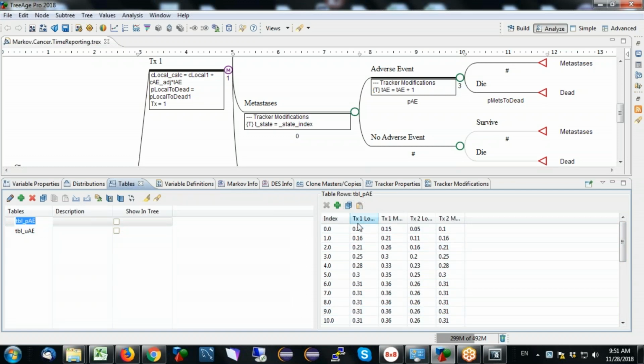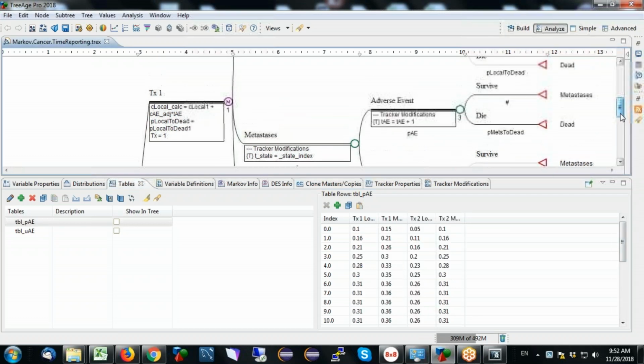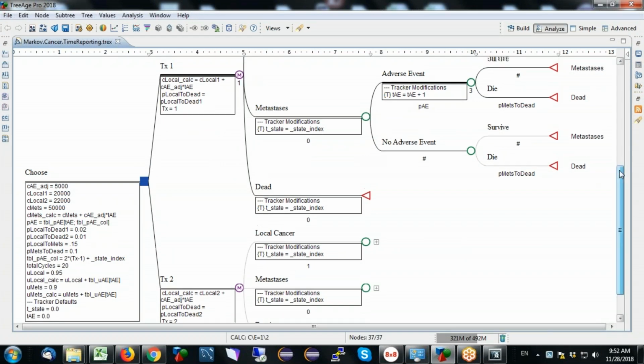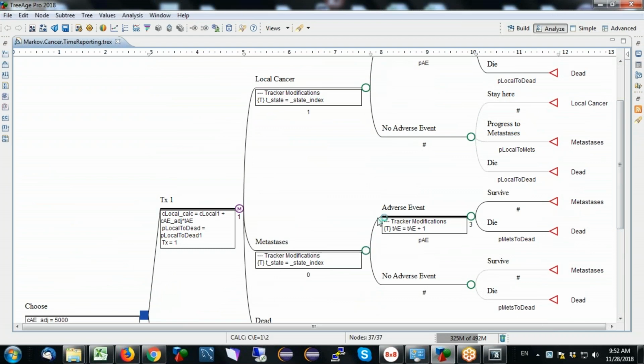This is which state you're in, the local cancer or the metastases, and this is what treatment you're in, treatment 1 or treatment 2, and then which state you're in. So basically what I'm trying to say is this probability of adverse event is dependent on 3 things. How many prior events you've had, which treatment you're in, as well as which state you're in.